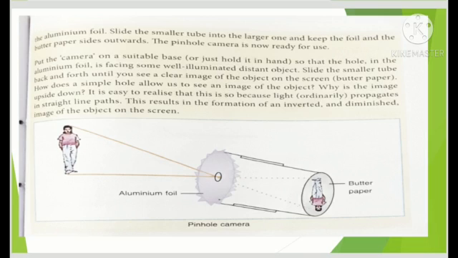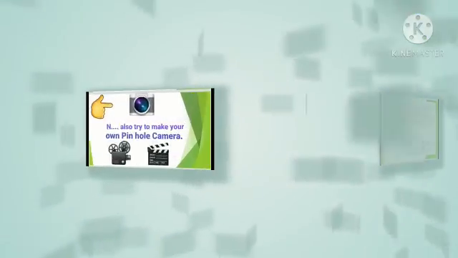How does a simple hole allow us to see an image of the object? Why is the image upside down? It is easy to realize that this is so because light propagates in a straight line path. This results in the formation of an inverted and diminished image of the object on the screen.